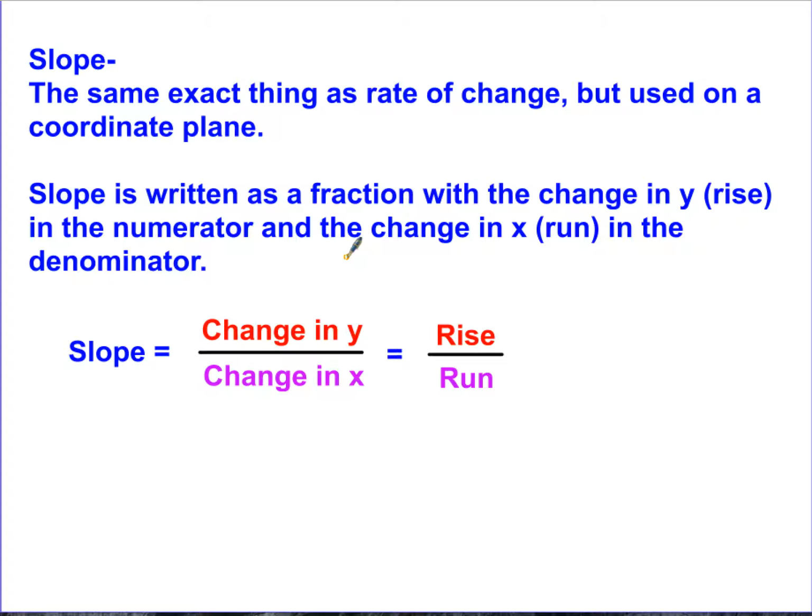You might have heard the word slope used when people talk about going skiing or snowboarding. They say, I'm going to the ski slope. That's because on the mountain there are different degrees of slope. Maybe one run is kind of flat, so you go a little slower, another is a little steeper, and one is really steep.